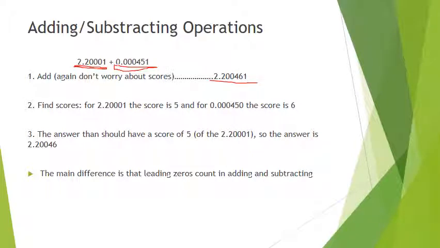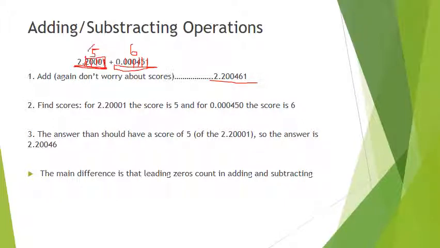Now, what you have to do is find the score for each one of these numbers. For adding and subtracting, it's every digit right of the decimal point. So this has a score of 1, 2, 3, 4, 5. And this one has a score of 1, 2, 3, 4, 5, 6.